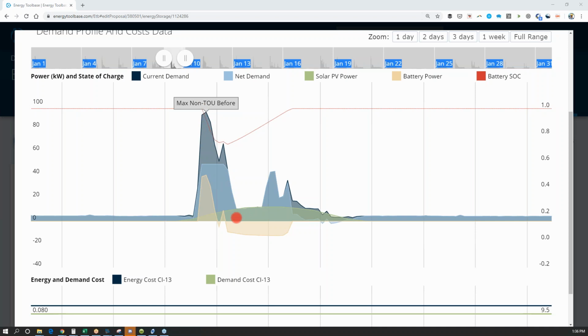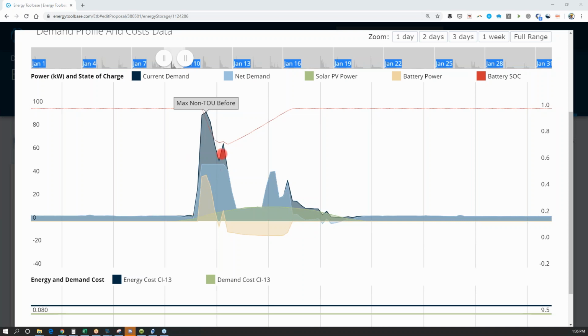And then the solar array comes back up again, and we see that the battery is being fully recharged with solar. And so that's good. That's where we want to be. Maybe all we've learned is that the solar array is fully recharging the battery, so maybe the solar array is slightly oversized.